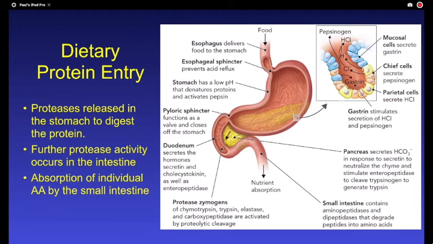The small intestine contains a whole bunch of proteases that will break at certain amino acids, and we try to get them down into single amino acids as we go through the process. There are also other enzymes in the different compartments as it goes through. And so the work and action of all of these proteases working at different amino acids, breaking usually at the carboxy end.